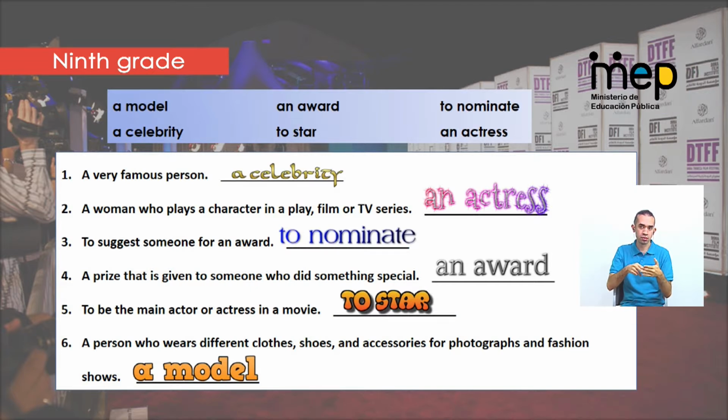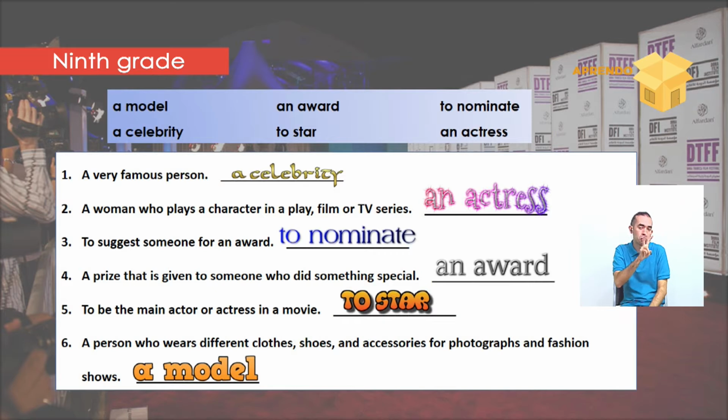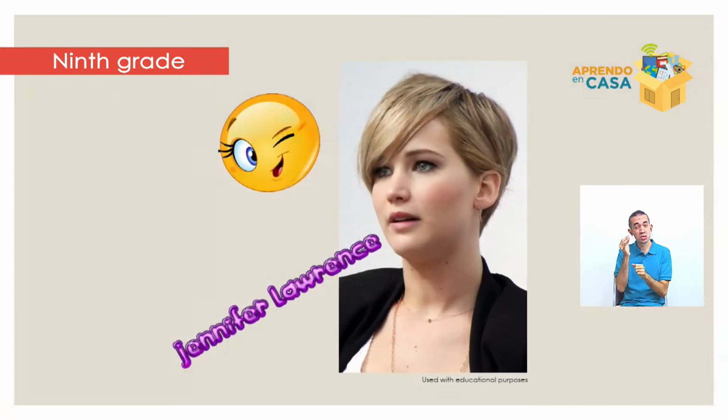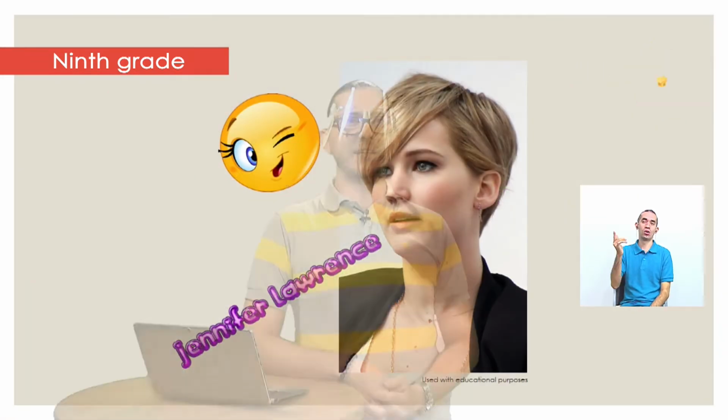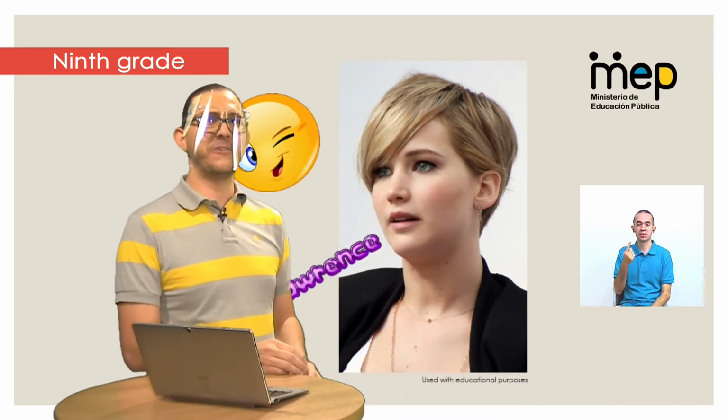But in this case, we're going to read about the famous person and we're going to be doing what we call skimming. Okay? So do you remember who my favorite actress is? Remember that? My favorite actress? Okay? It's Jennifer Lawrence. You have her there. Look at her.